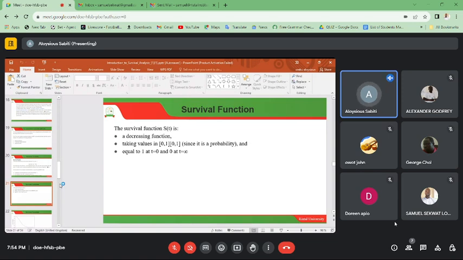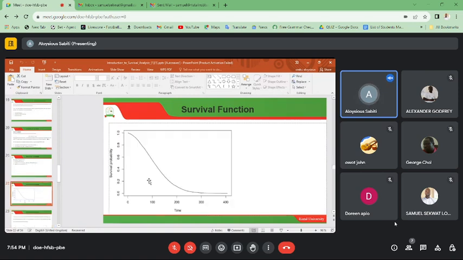And we have an example here for the survival function.